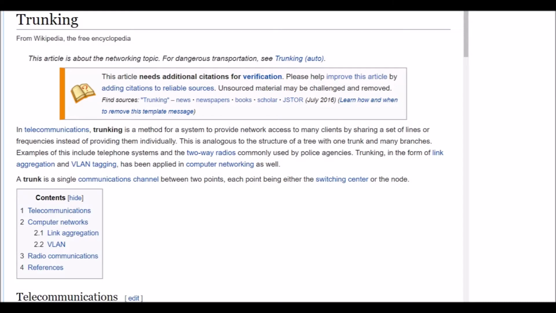Examples of this include telephone systems and the two-way radios commonly used by police agencies. Trunking in the form of link aggregation and VLAN tagging has been applied in computer networking as well. A trunk is a single communications channel between 2 points, each point being either the switching center or the node.